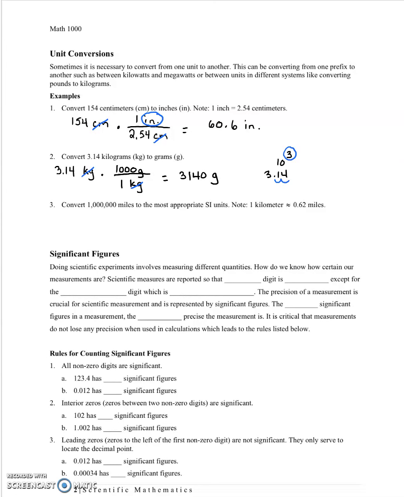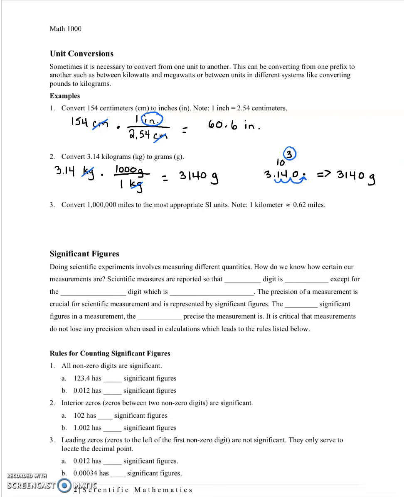So 1, 2, 3. Now you'll notice this third move has no number in it, so we have to put a 0 in there. And our decimal point has now moved to right there. So our answer is 3,140 grams. So there are 2 ways to do that. Either one is acceptable.